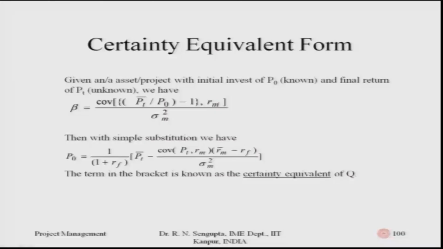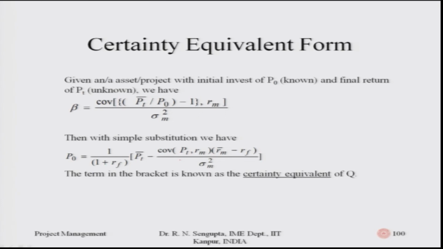Then with the simple substitution we have the value of P naught, which is basically the price I want to find out, given by the difference of PT, which is the project's expected price value later on at some time T0, T or T1, T2, T3.